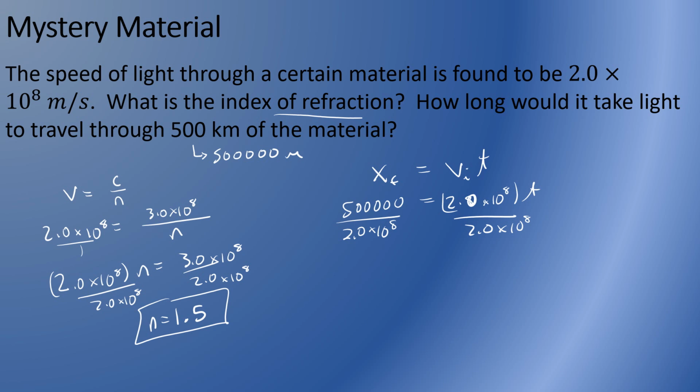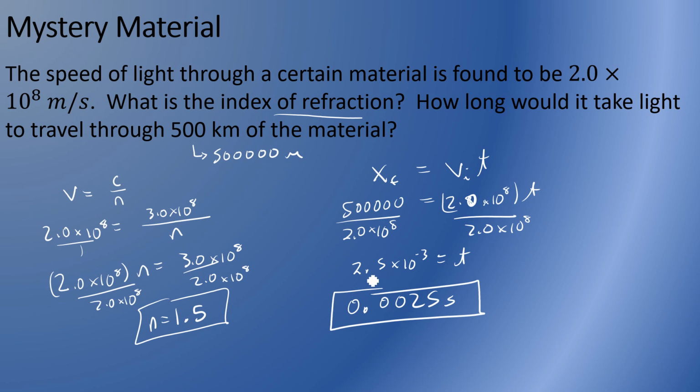So type that into the calculator, and get 2.5 times 10 to the negative third is our time. So what is that? That's 0.0025 seconds when I move my decimal point 3 times.